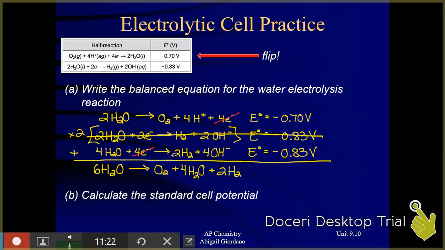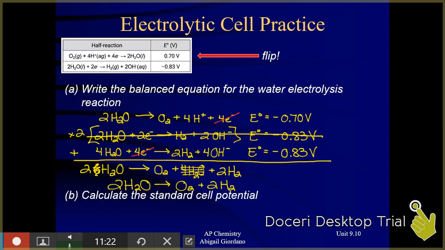I can simplify this equation down even further because I can cancel out some of these waters. I can get rid of all 4 of those, and that leaves me with 2. So let me rewrite this. So there we go.